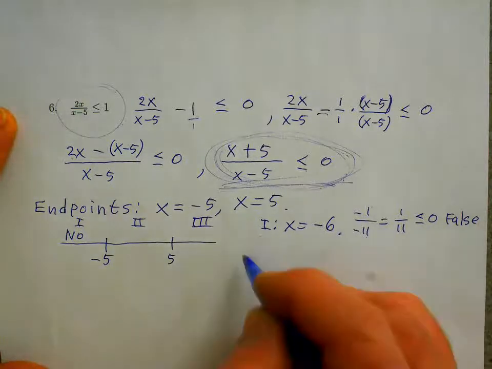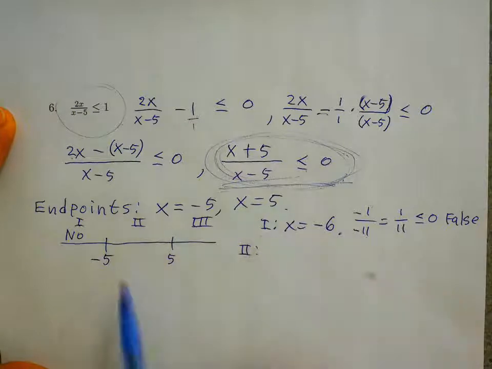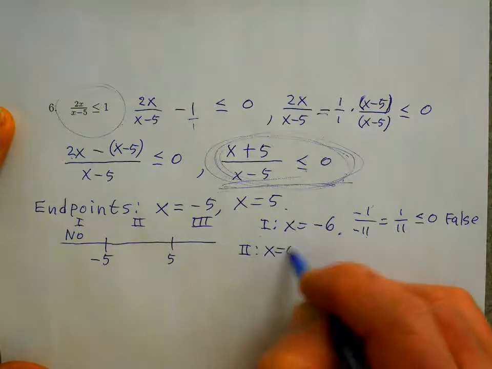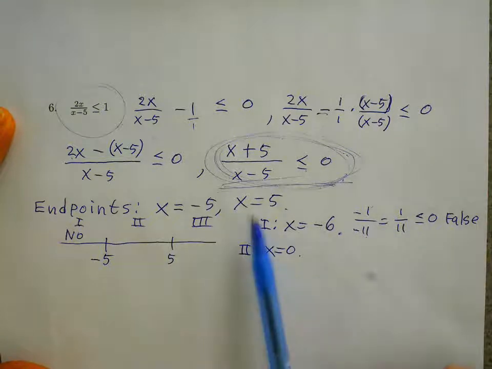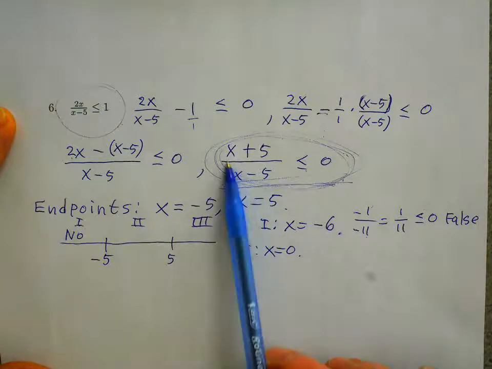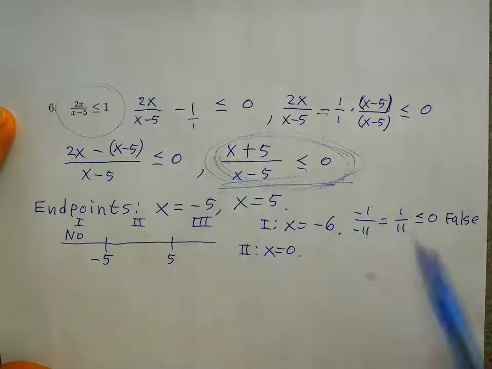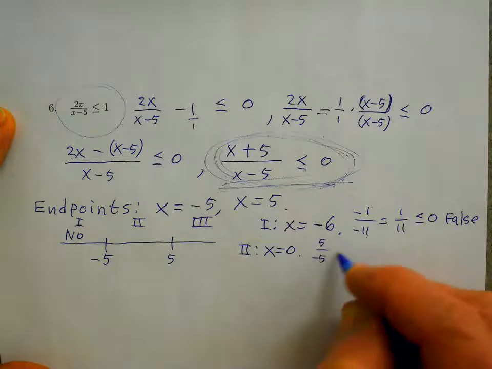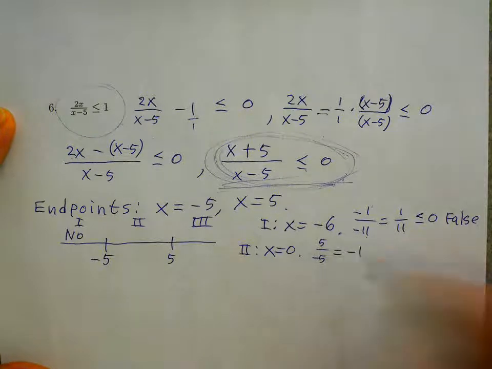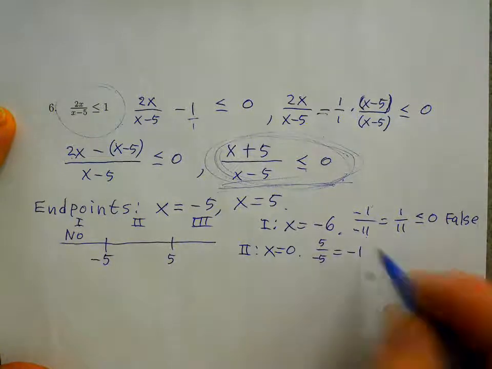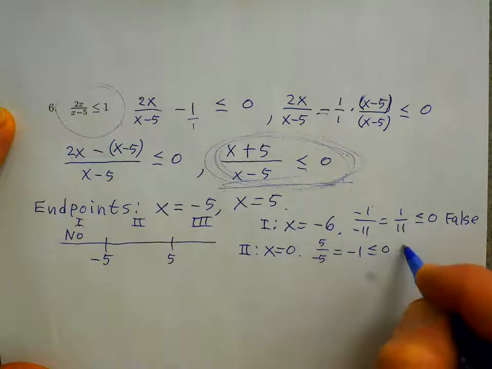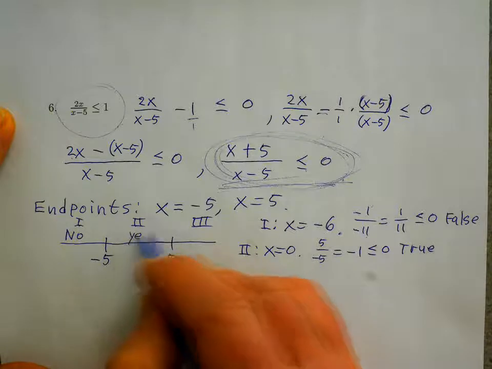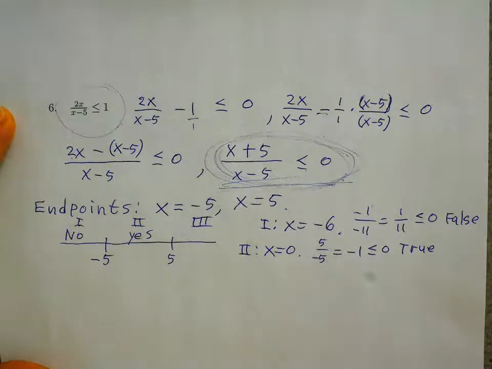Okay, in the middle interval between negative 5 and 5, we can pick x to be 0. And then in the inequality, 0 plus 5 is 5 in the numerator. 0 minus 5 is negative 5 in the denominator. 5 divided by negative 5 is negative 1, and negative 1 less than or equal to 0 is true. So the numbers between negative 5 and 5 are solutions.